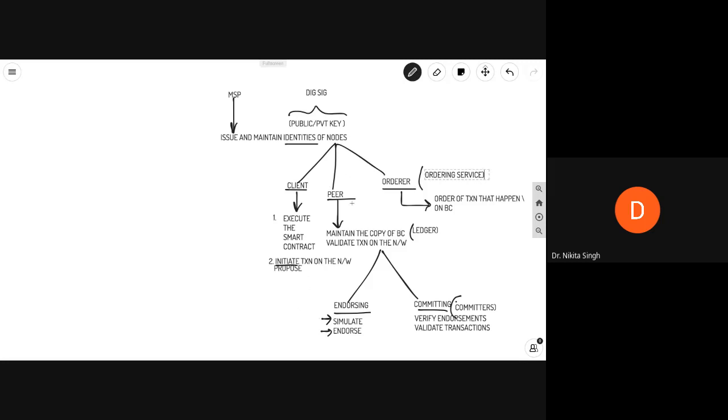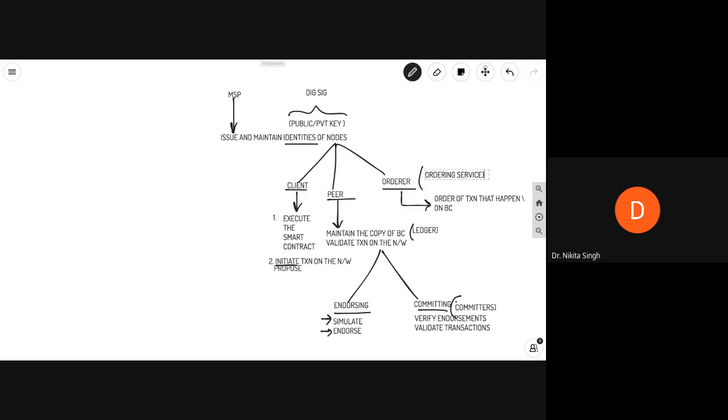Then we have the peer. The peer will maintain the copy of the blockchain or the ledger, and it will validate the transactions on the network. Now we have two kinds of peers: endorsing peers and committing peers. They can take any of these roles, but technically all peers commit blocks to the blockchain network.